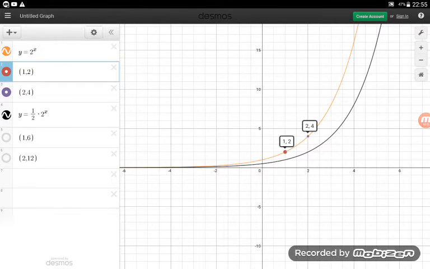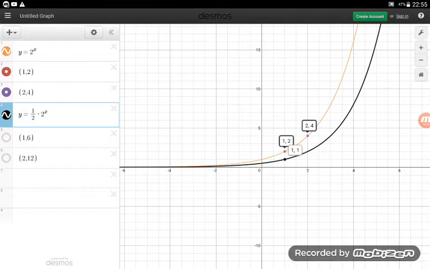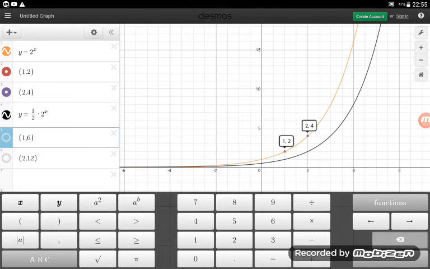Now, again, this is a vertical transformation. So my x stays the same. So now, if I want to find this point right here, what's this coordinate going to be? All I have to do is keep the 1, but multiply the y coordinate, which was 2, by the half that we have over here. And that will give me 1.